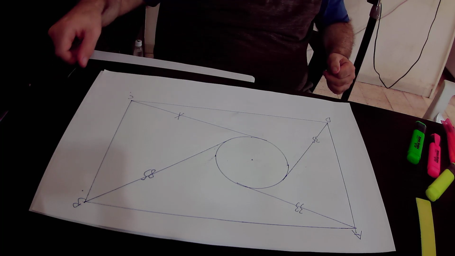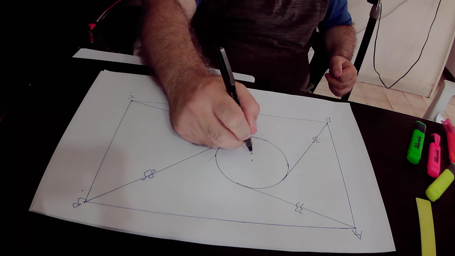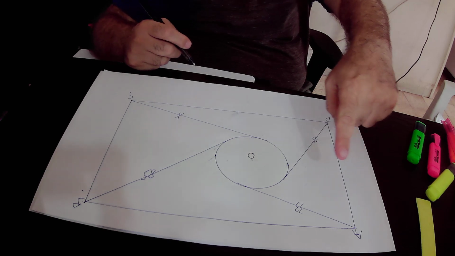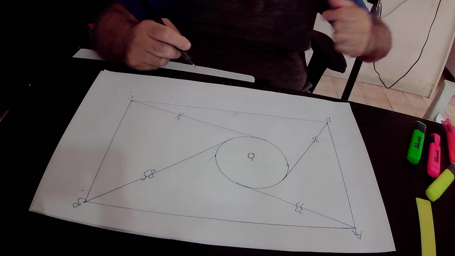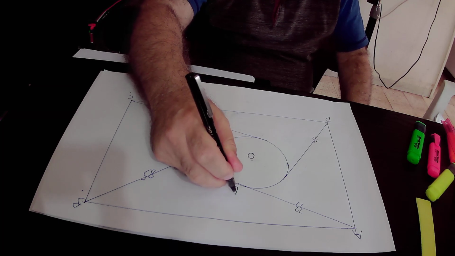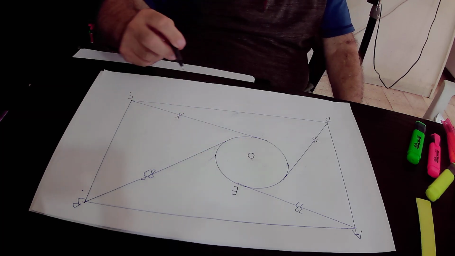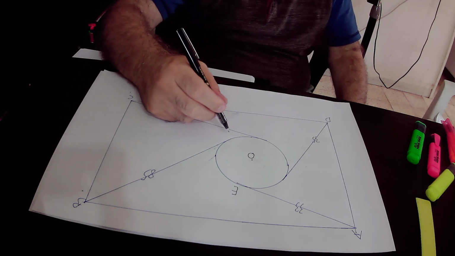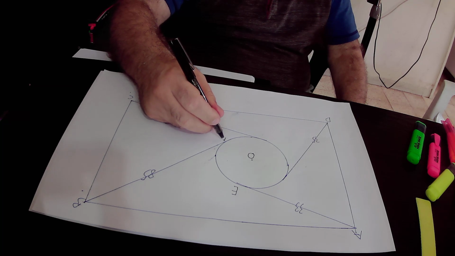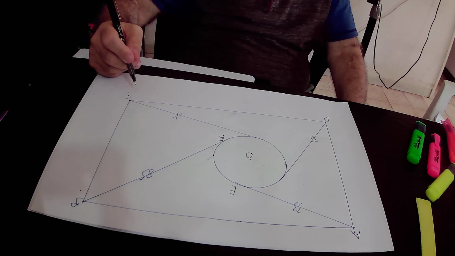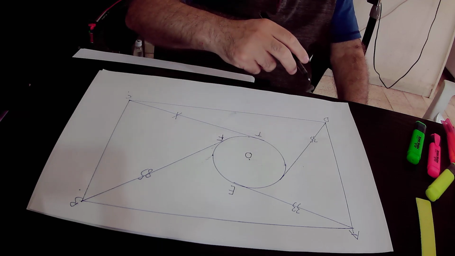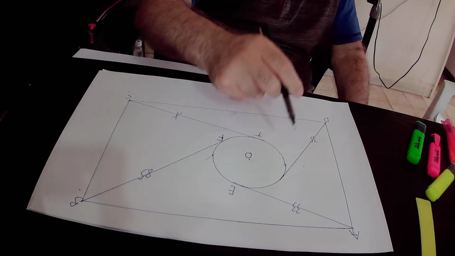Okay, so first of all we define the center of this circle as O. We define the point of tangency of the tangent from point A to this circle as E. We will define the point of tangency of the tangent from point D to this circle as F. We will define the point of tangency of the tangent from point C to this circle as T. And finally, we will define the point of tangency of the tangent from point B to this circle as M.